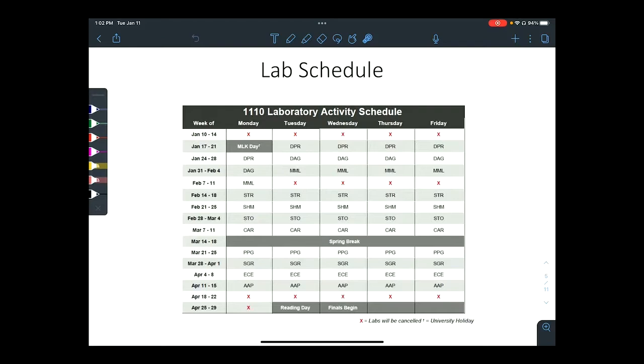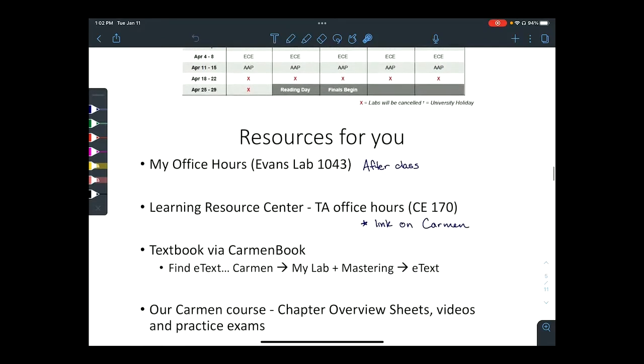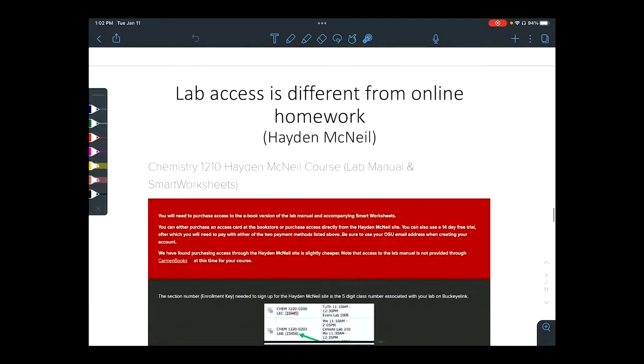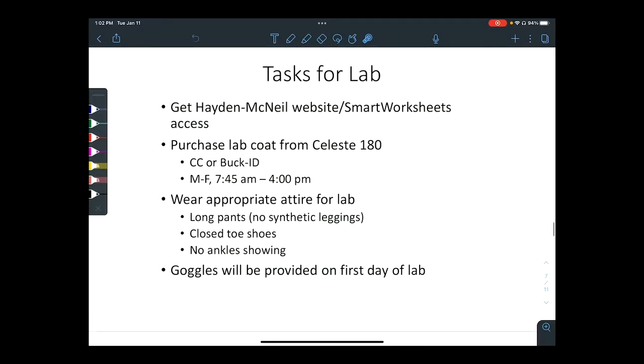So before this first lab, if you're a Tuesday lab group, there are some tasks for you to complete. Where is that? I'll just kind of skip down here, tasks for lab. To get access to the Hayden McNeil website, okay, this is different than online homework. And also the big thing is purchase a lab coat from Celeste 180. All right, Celeste 180 is the building next door.